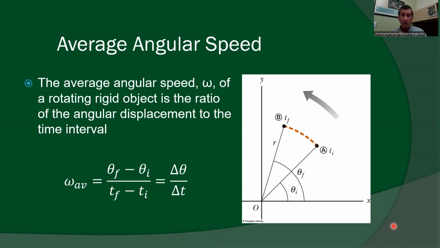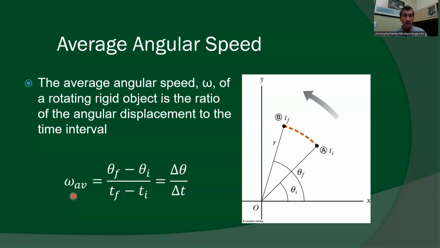Remember, we've simplified our world from three dimensions to two dimensions, and we're saying the rotation can only happen in the XY plane. In this case, that really makes the rotation one-dimensional. You can only go forward or backward in terms of the rotation, counterclockwise or clockwise.